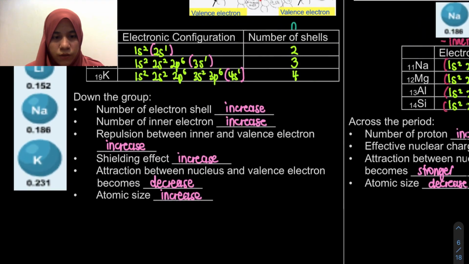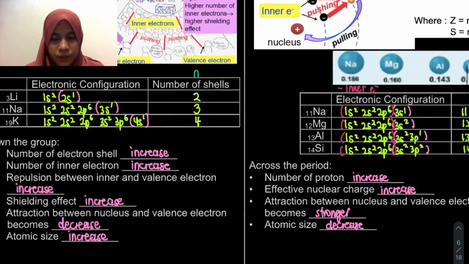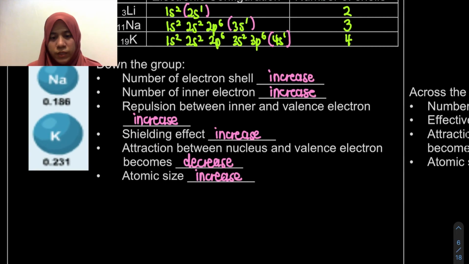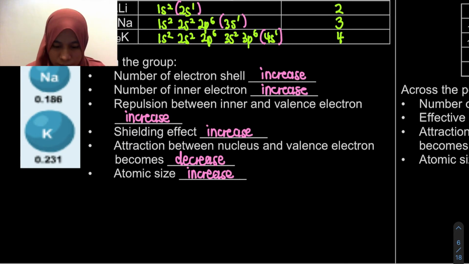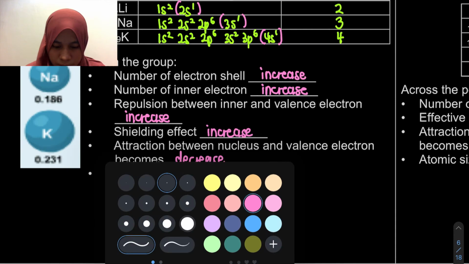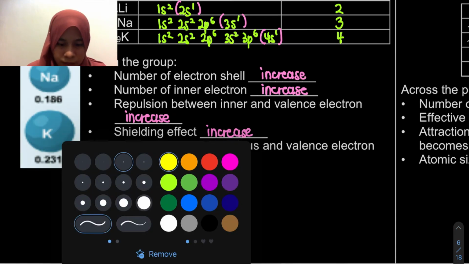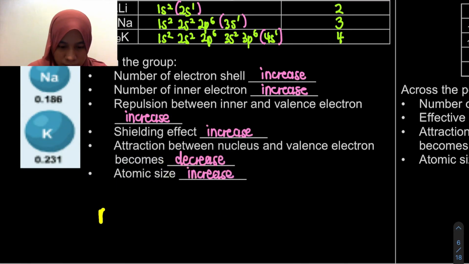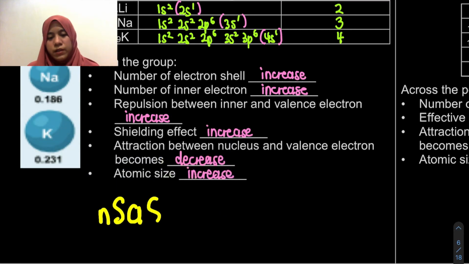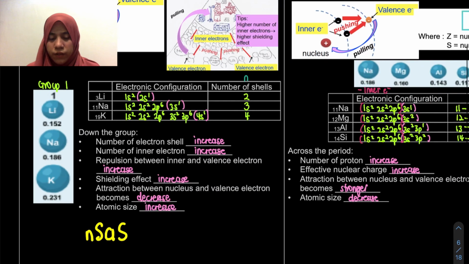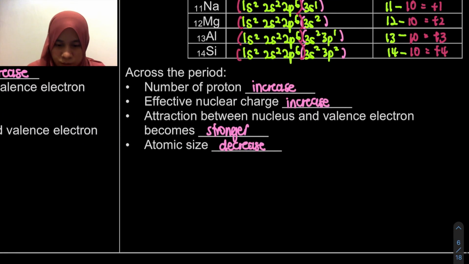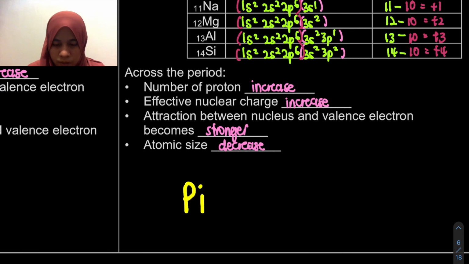For the case of the shielding effect, how do we remember it? NSAS, let's use this. But for the case of effective nuclear charge, I write PZAS.